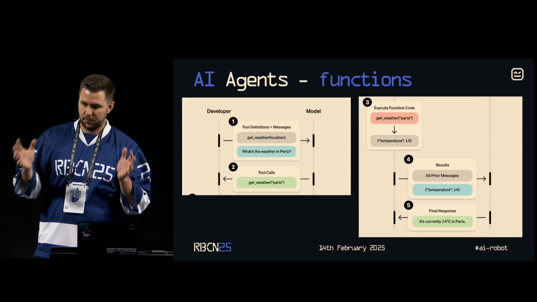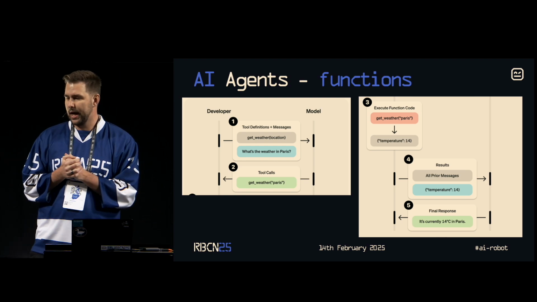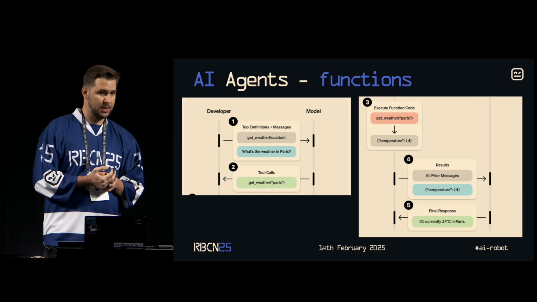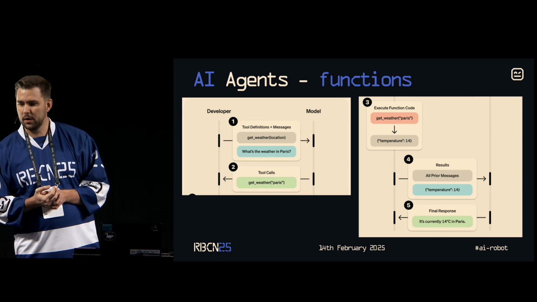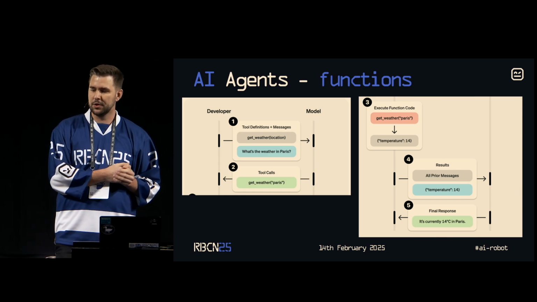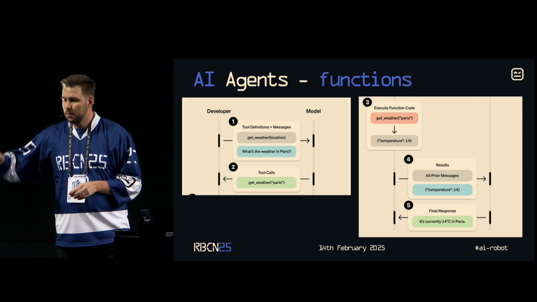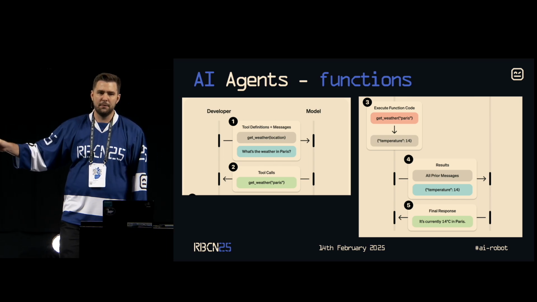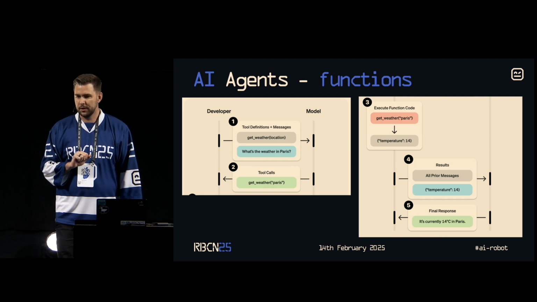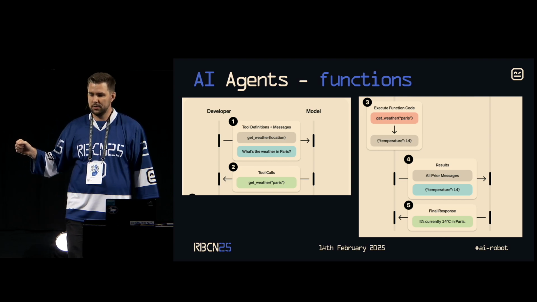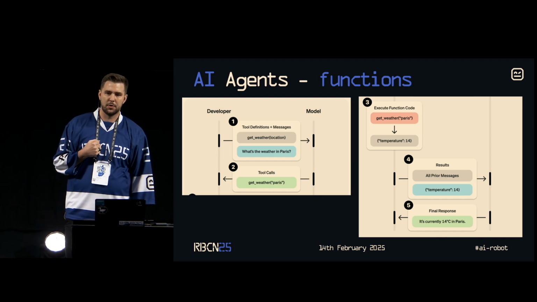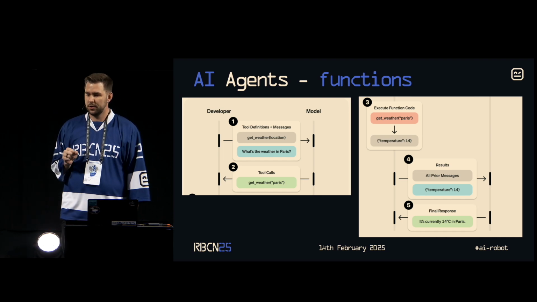For this, I'm using OpenAI, but I believe it will soon work similarly with other models as well. So basically, we have a model, and when we want to register a function, for example, a Python function, getWeather with a location, we tell the model that, hey, if a user asks about the weather, you can call this function getWeather with a location, and I will provide you with an answer. So I, as a developer, as a backend service, will provide you with the answer.